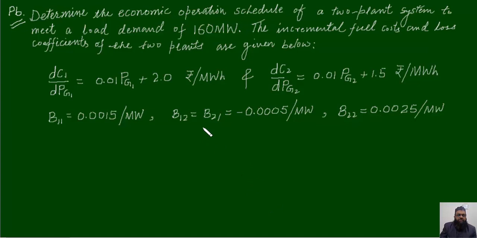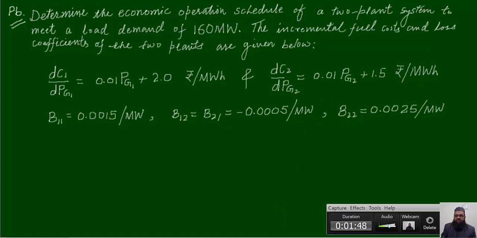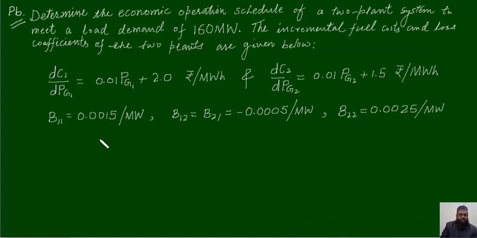We need to get the economic operation schedule of the two plants, that is the optimal values of Pg1 and Pg2 to get the best benefit. The steps have already been discussed in the previous lecture. You can go through part 2 of this series.